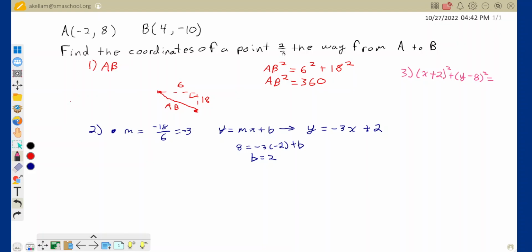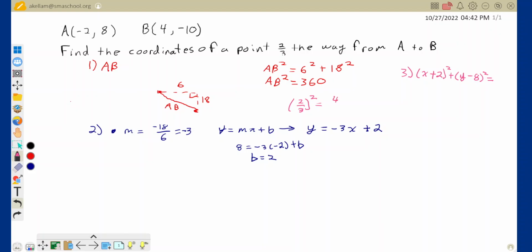It's not quite 360. 360 is the square of the distance from A to B, and we actually want only 2/3 of that distance. So if we remember, when we square a fraction, we end up with 4, squaring the numerator and the denominator.